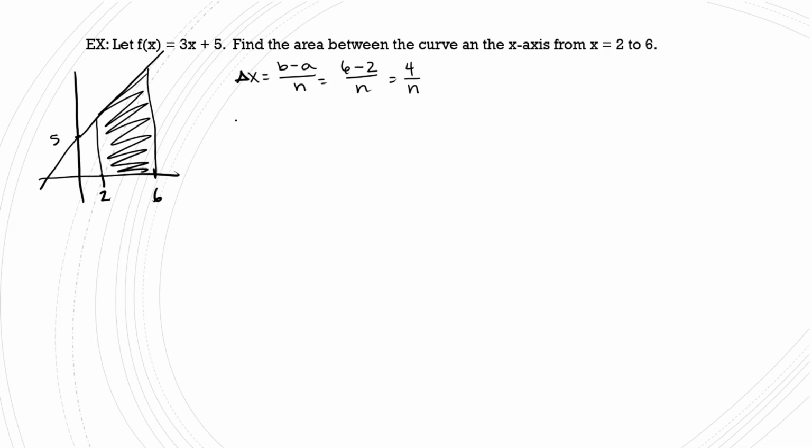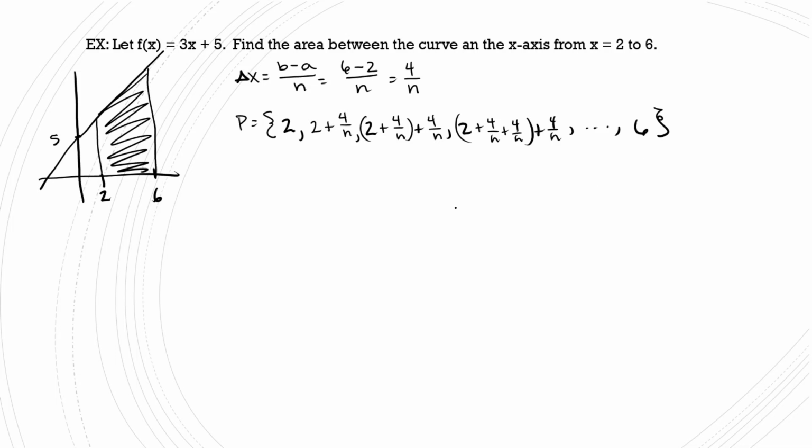Okay, and then we want to find that partition, like we were going to do our Riemann sum. So the first value is our a, which is 2, and then we're going to add the delta x, and then take that and add delta x again, and then we can just keep doing this until we get all the way to the final value of 6.